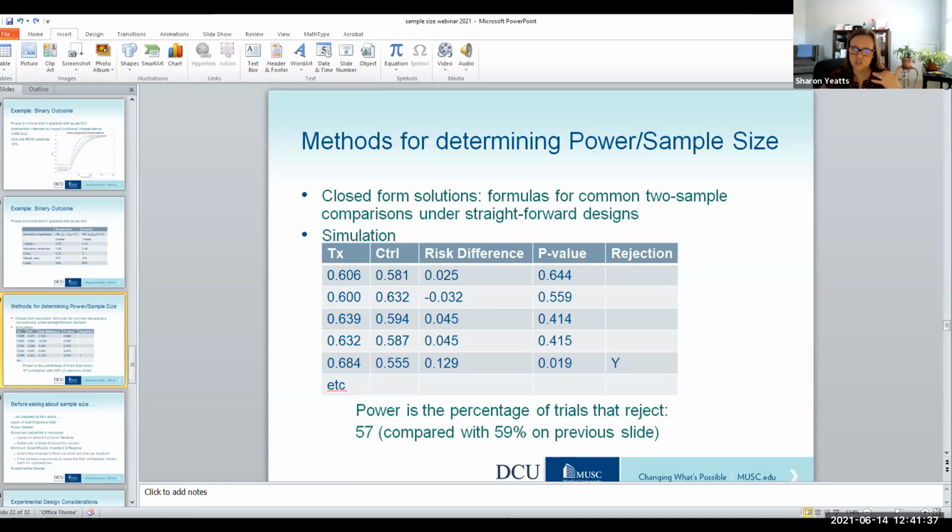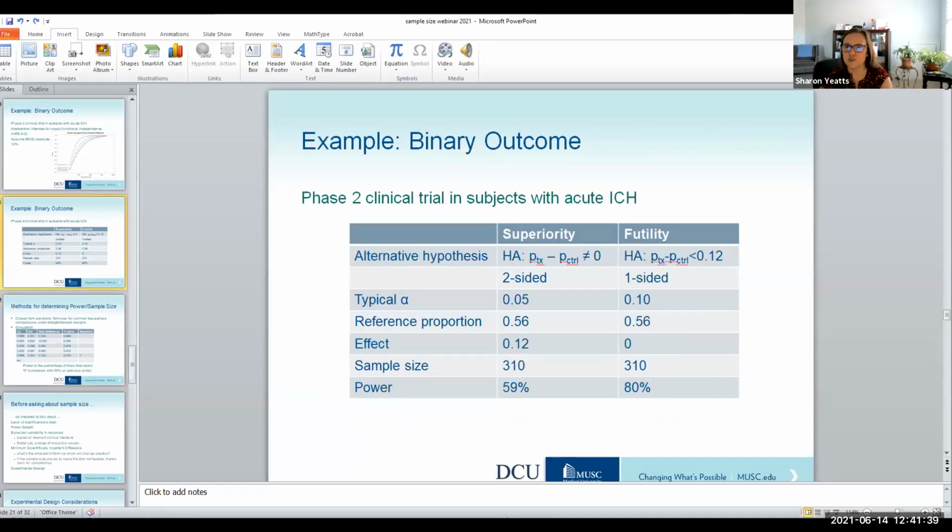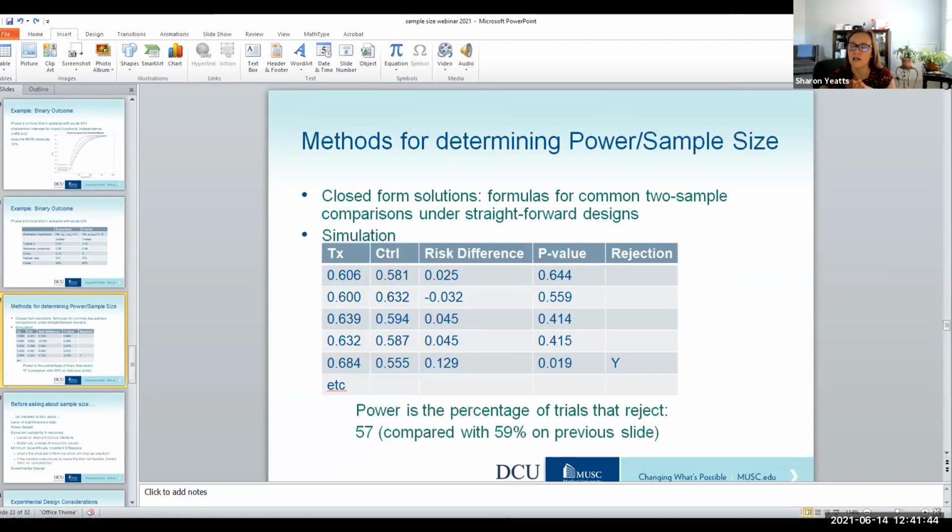So in this case, just to show you the example under this superiority design that we just talked about on the previous slide, I went through this process 1,000 times. And the power is the percentage of the trials that reject the null hypothesis.